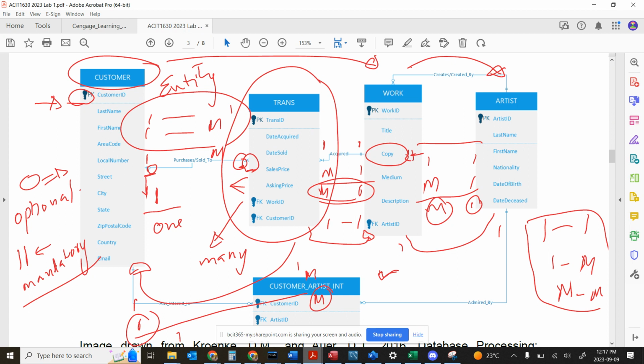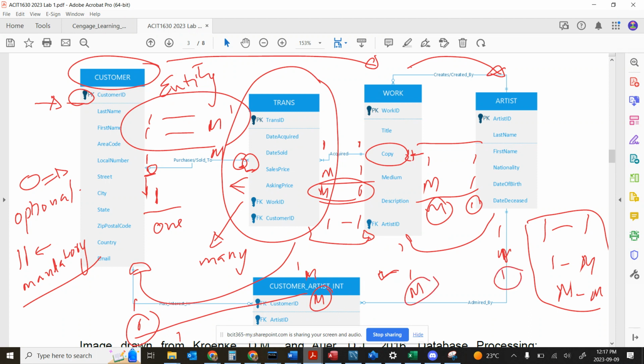But as per this scenario, we have only one, so many works can have one artist.